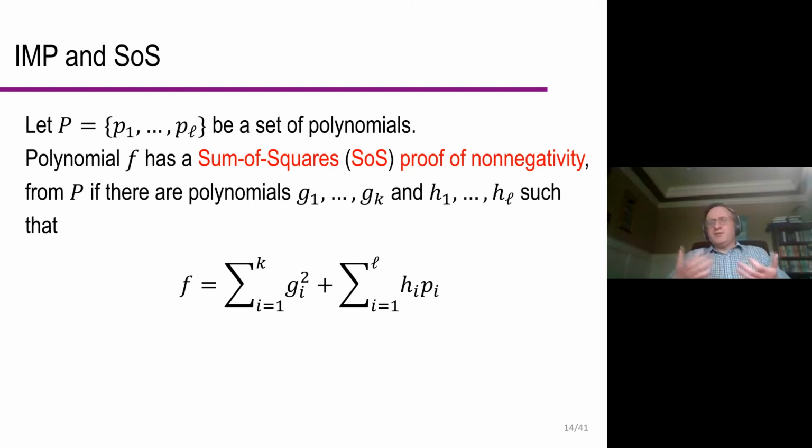If you think about it, what does it mean? Remember, I don't care about those values of the variables that do not satisfy my polynomials p. So, for instance, I don't care what my function is if x and y are not 0 and 1. In that sense, I only care about those values for which this part is 0. But if this part is 0, then I am saying f must be at least non-negative, because it's a sum of squares.